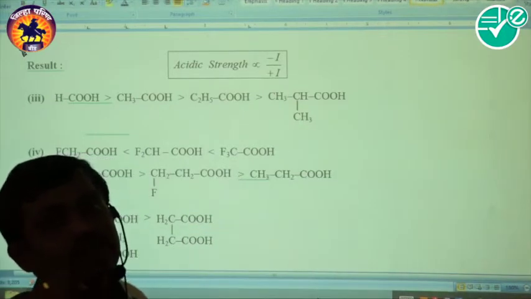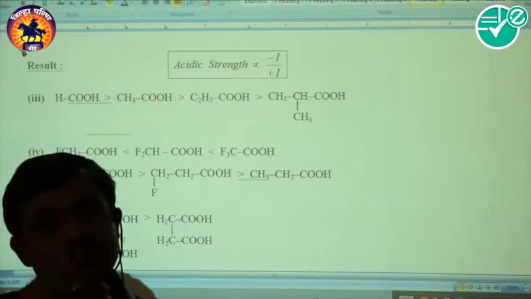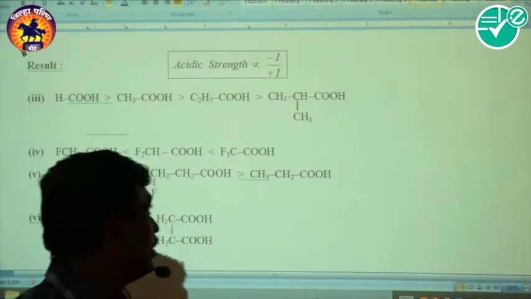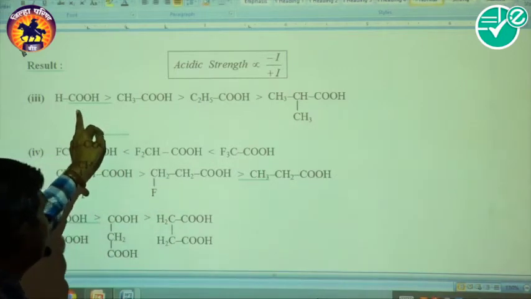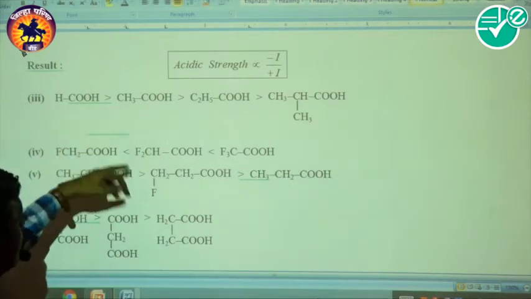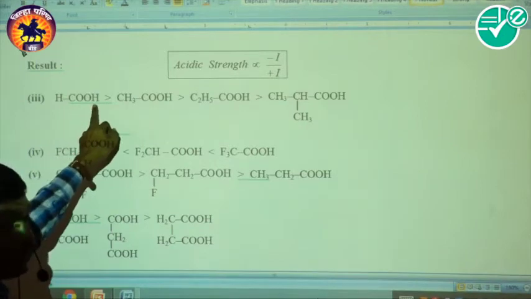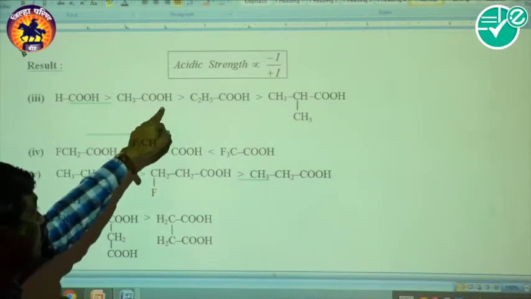Because of the negative inductive effect, the electron density present on the anion can be shared.